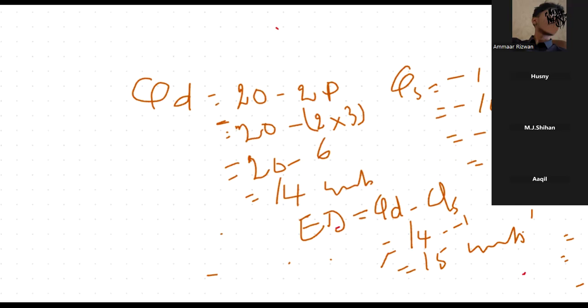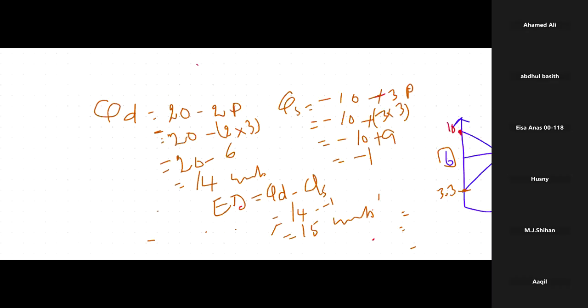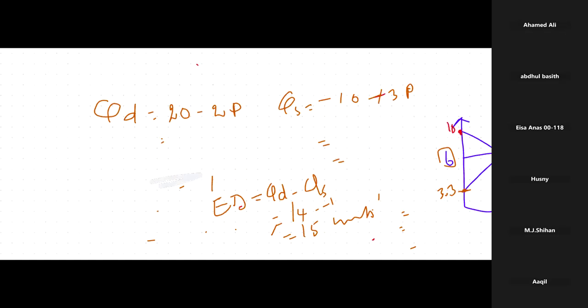Okay, we will calculate excess supply at 7 rupees. So when you calculate the excess supply at 7 rupees, same like we did excess demand, we have to do. See this.